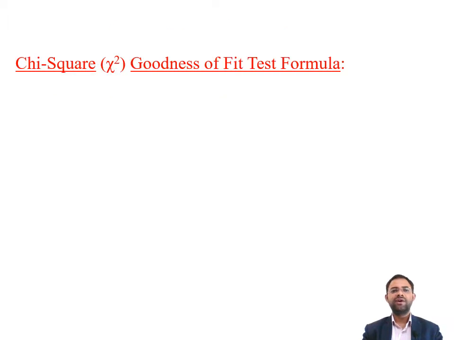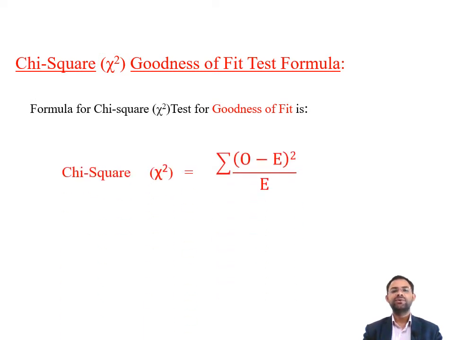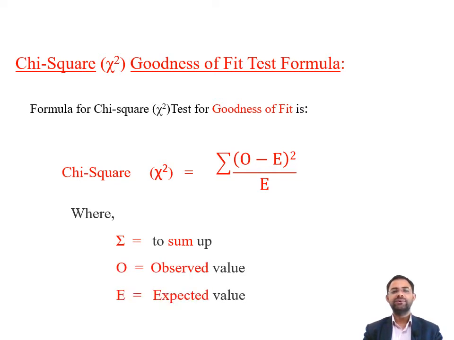The formula for the calculation of the chi-square test for goodness of fit is chi-square equals sigma of (O minus E) whole squared upon E, where sigma equals summation, O equals the observed values, and E equals the expected values.